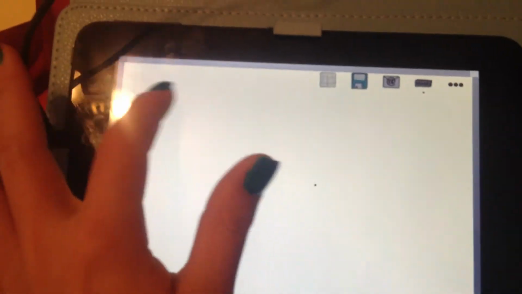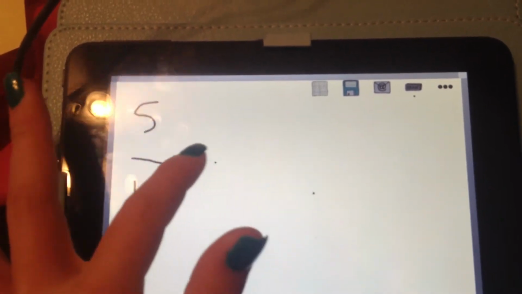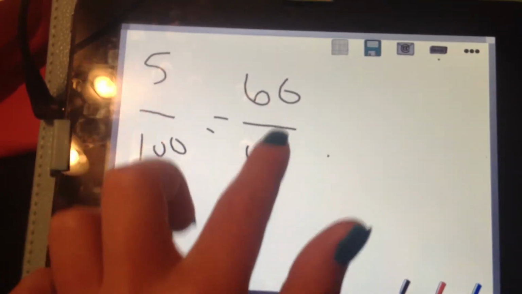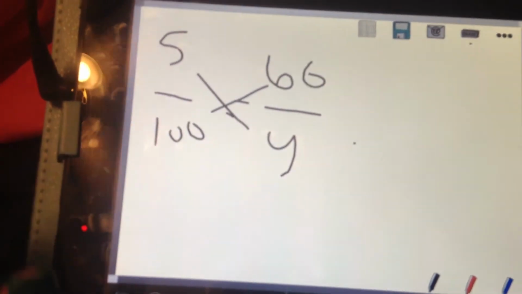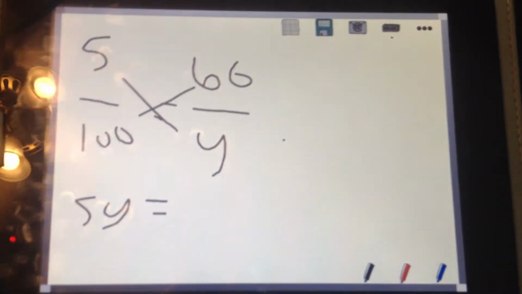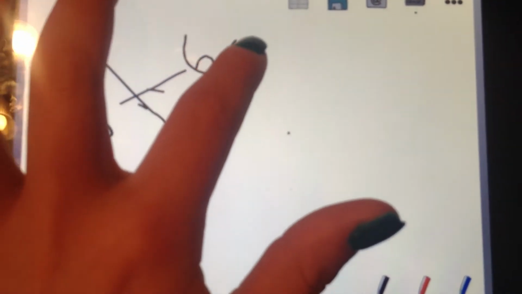So 5 over 100 equals 60 over something. We don't know that yet. So then cross multiply. 5y equals, that is supposed to be 60, not 66.